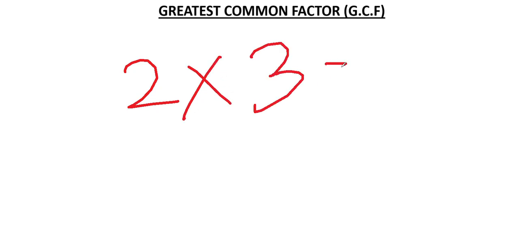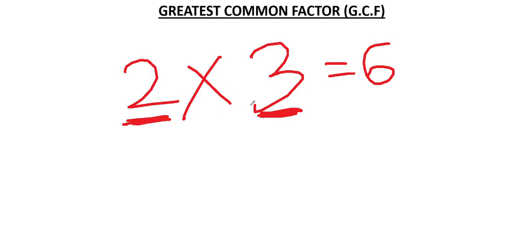Well, so what is a factor? We have discussed this earlier already. The numbers which are multiplied to get the answer are called factors. Okay, so if I have two numbers, 2 times 3 gives me a 6. 2 is a factor of 6, 3 is a factor of 6.